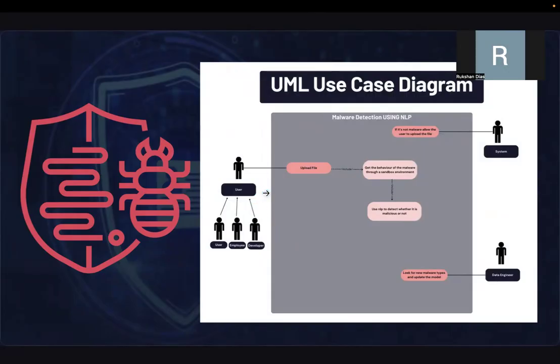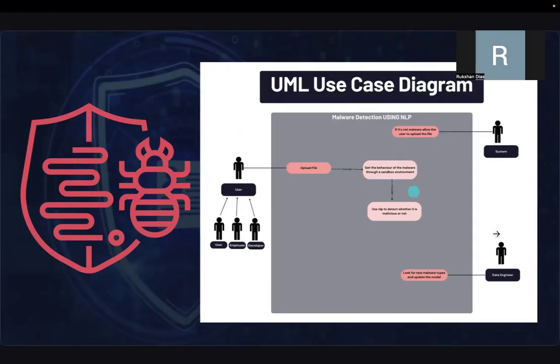Before uploading the file, it will check whether it's malicious or not. If it's malicious, it will not allow the upload to the relevant destination. It will go through a malware sandbox environment, get the logs, and use NLP to detect whether it's malicious or not.